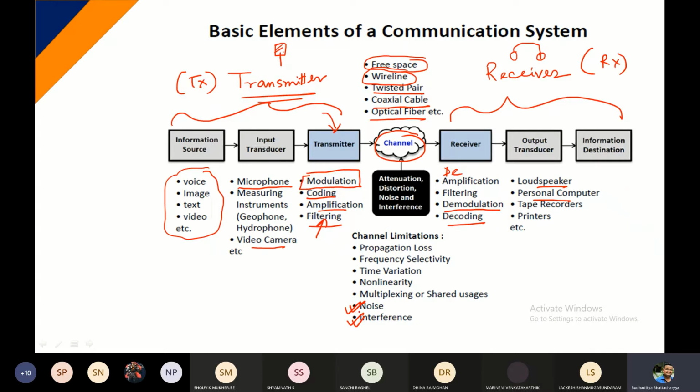In fact, if time permits, we'll go into this. We can have some kind of propagation loss. You will be amazed. That is the study of wireless and mobile communication, which is another subject in the course at some point of time. But this is how it goes. Similarly, we can have frequency selectivity and other necessary parameters.